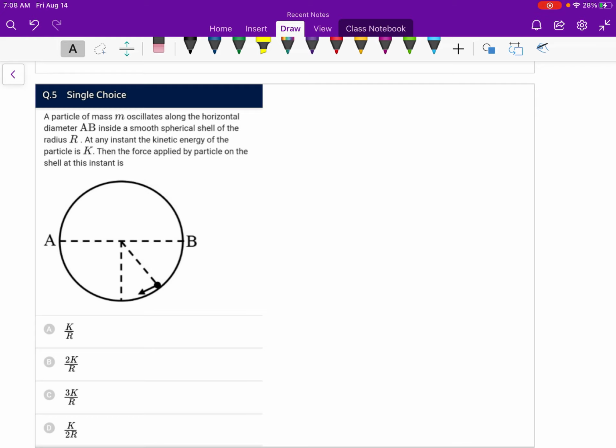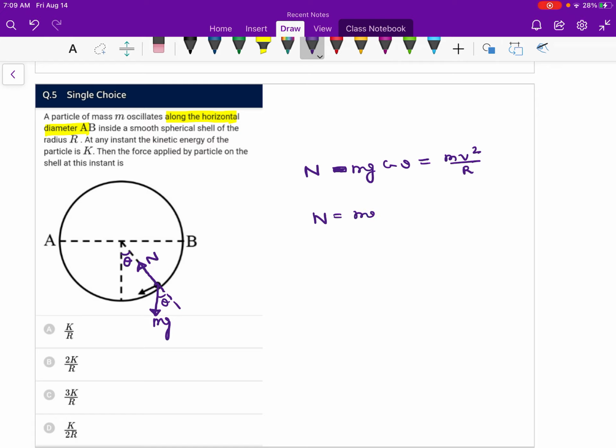A particle of mass m oscillates along the horizontal diameter AB. That means it moves from B to A and vice versa. At any instant, the kinetic energy of the particle is k, then the force applied by the particle on the shell at this instant is? Let's say the particle is at an angle theta from the vertical. So mg is acting downwards, normal reaction is acting in this direction, and this angle is theta. So net force towards the center: N minus mg cos theta is equal to mv square by r.